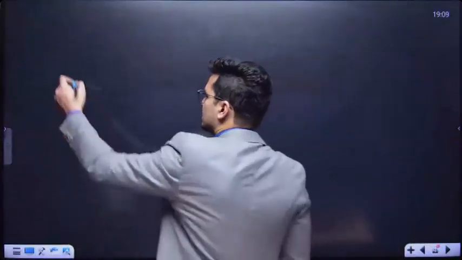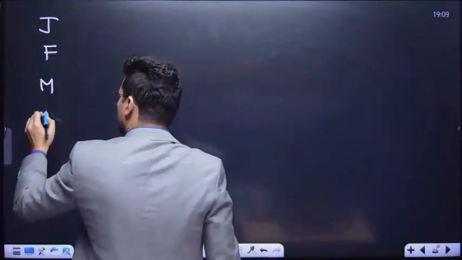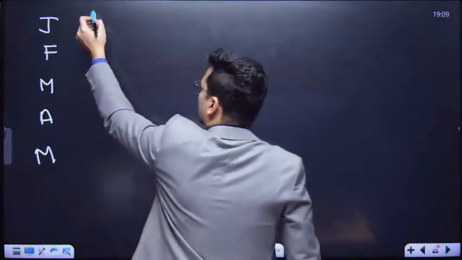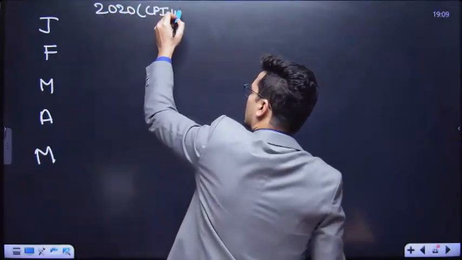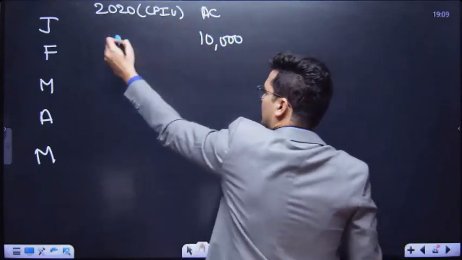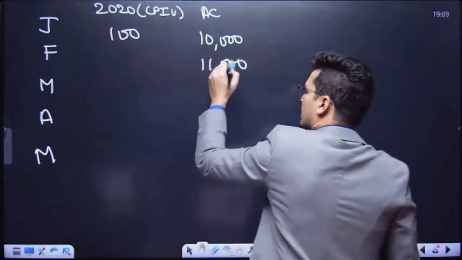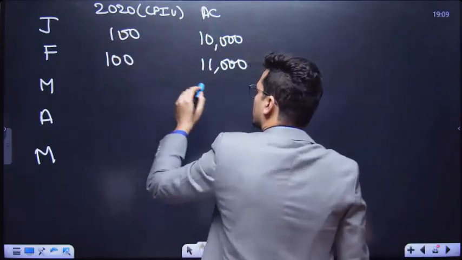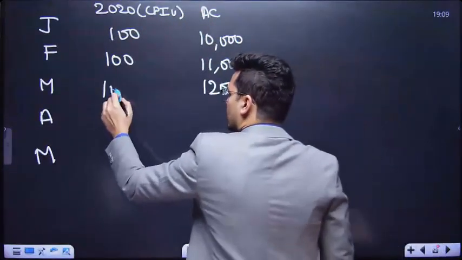My index will say January, February, March, April, May, basket of 2020 for CPI Urban. Actual cost is 10,000. Index value is 100. Actual cost is 11,000. Index value is 100. Actual cost is 12,000. Index value is 100.